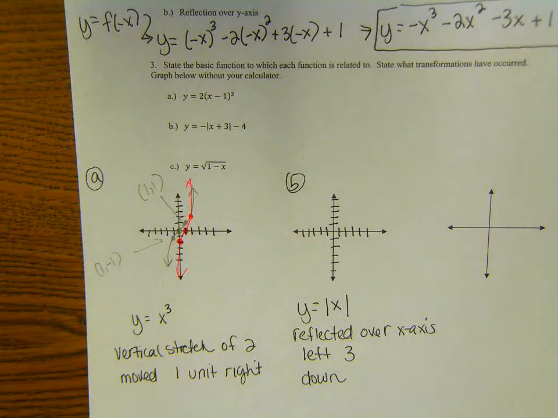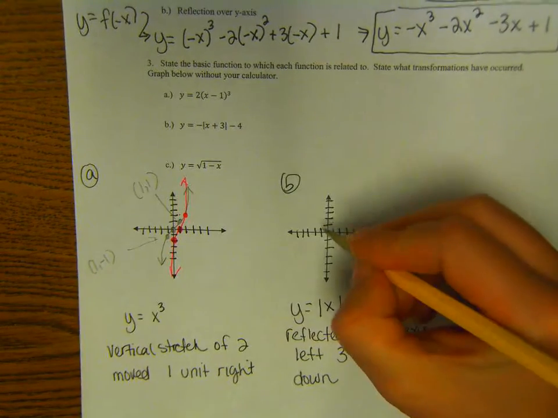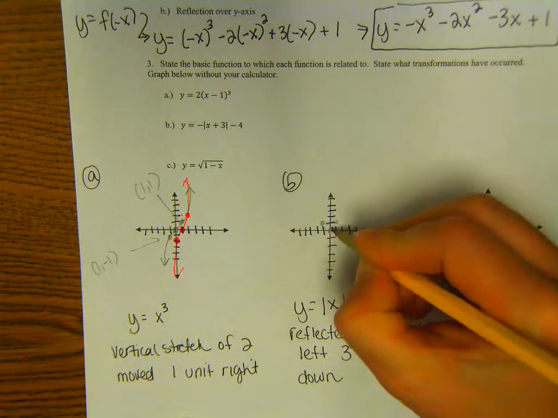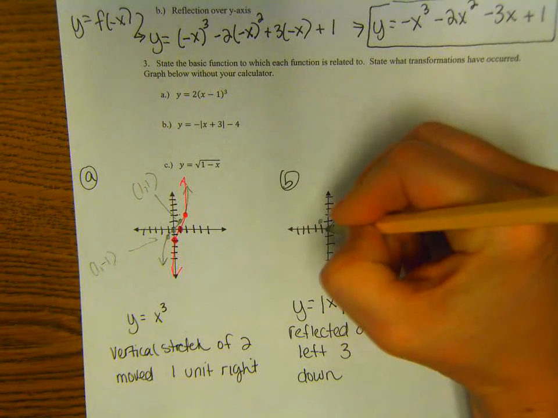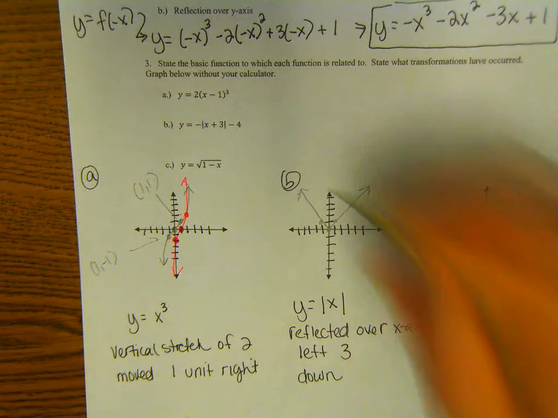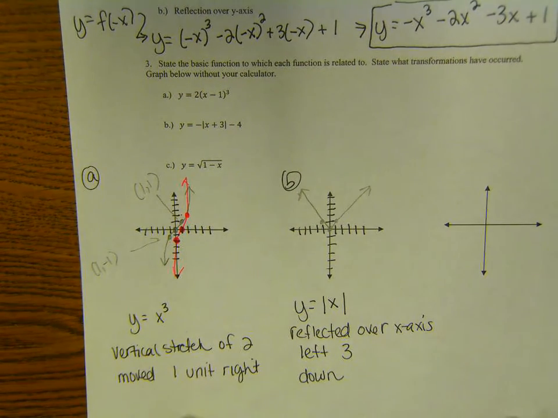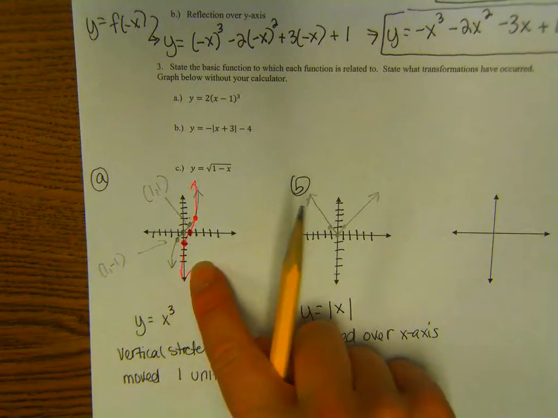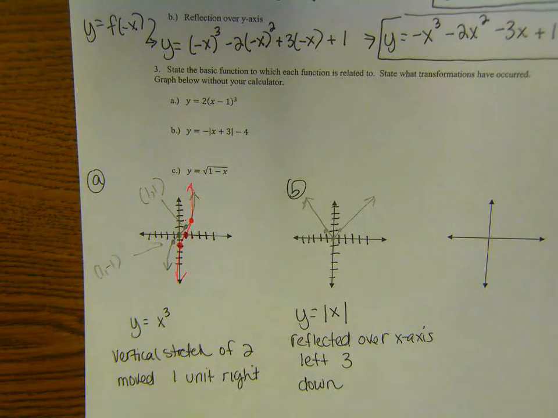Okay, so I'm going to do, again, my little pencil sketch of my V. And if you want to on this one, just think of doing, because the V is not as complicated as an x cubed. We're going to reflect it basically over. Are you okay with me moving just the tip of the V, and then we'll just make it go down instead?